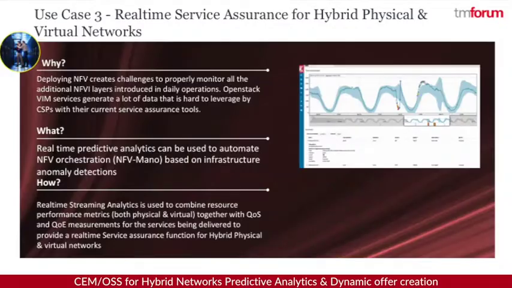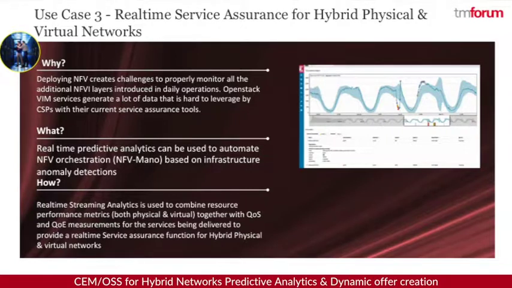The second use case is about service assurance as well, but in this case oriented to the network function virtualized infrastructure. In this case, we're using predictive analytics to predict the anomaly of NFVI faults.